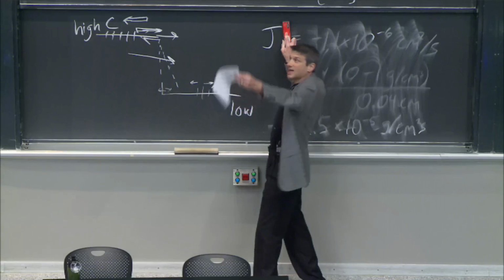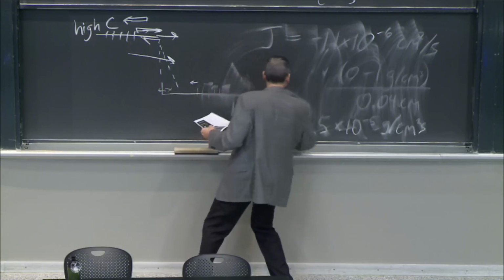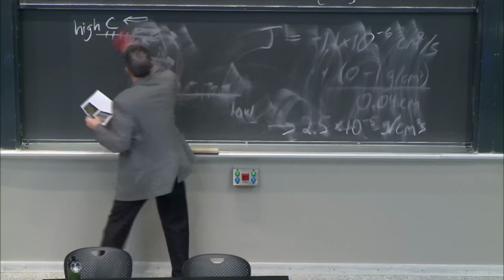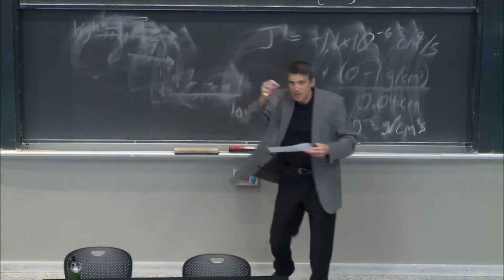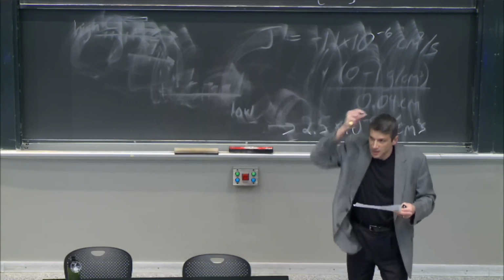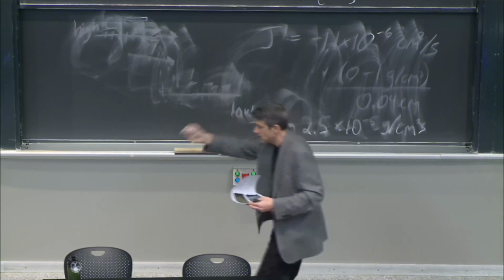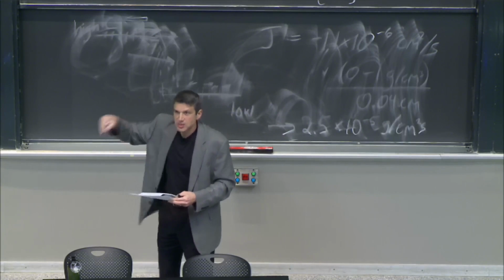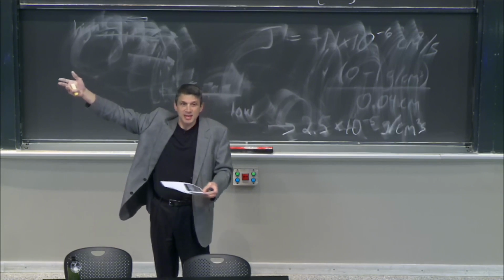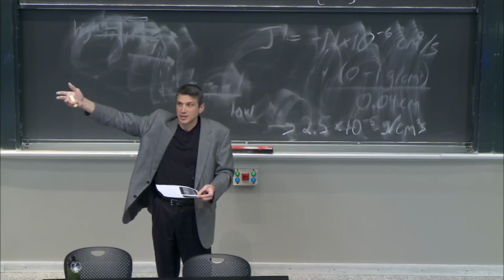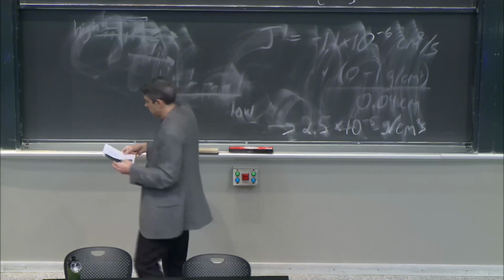And that's exactly the question I have to answer. How much carbon am I going to have at what position in the case, in the case hardening, in what position of the pipe exterior, how much carbon am I going to have at what time? How long should I leave it in the oven? That's the question I'm trying to answer. And by the way, what temperature, right?